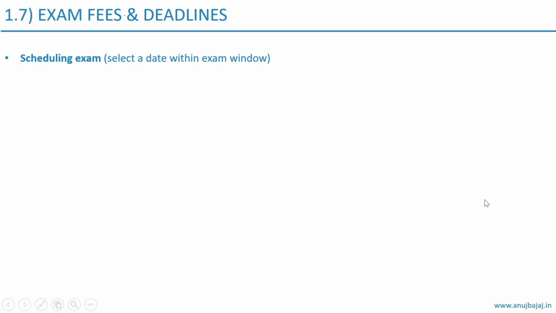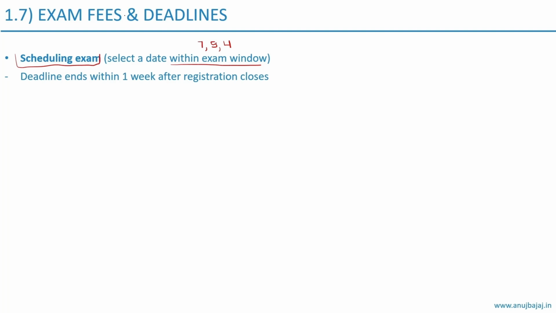So, after you have registered for a particular level, whether Level 1, Level 2 or Level 3, you are required to schedule your exam. That is, you are required to select a date within your exam window. Remember, for CFA Level 1, the exam window is of 7 days, for Level 2 it is 5 days, and for Level 3 it is 4 days.